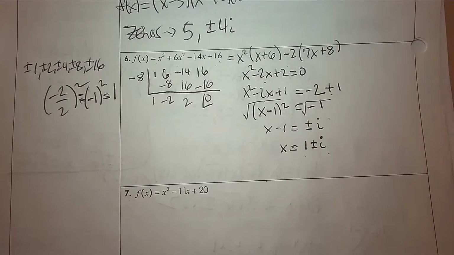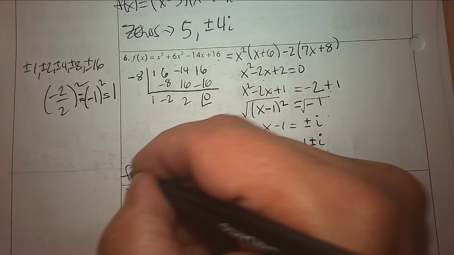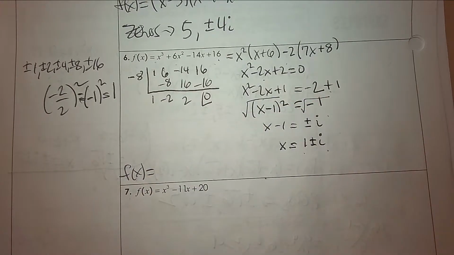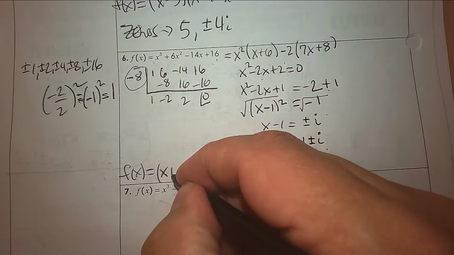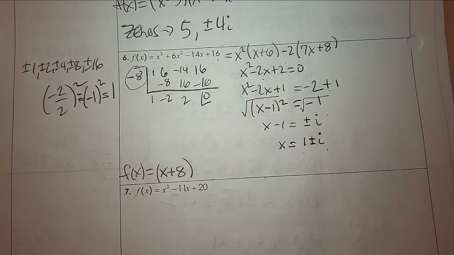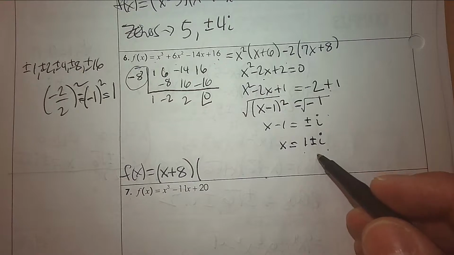Now, we can write this in factored form. So do you remember the first 0 we found? What's the linear factor that comes from that? Now, this one's going to require 2 parentheses. That's because our 0 is a binomial, right? 2 parts.